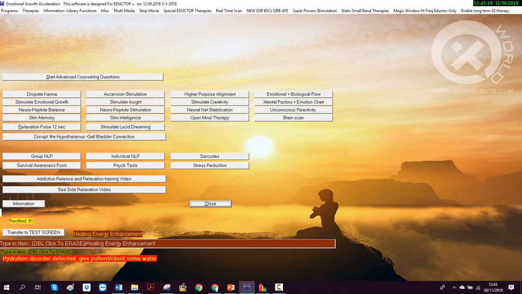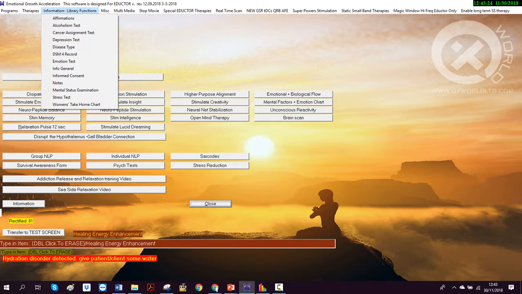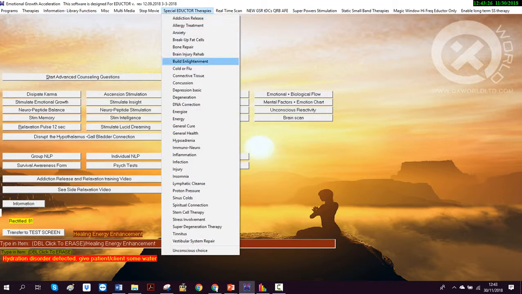Here we have a rectification of 81. This is really good. We have plenty here. Some are more physical, I would say, but for this type of therapies it will work at the emotional level.